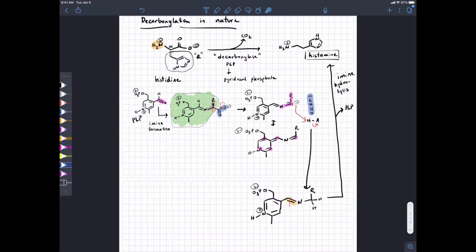Okay, so the idea of having a carbon that's alpha to a carboxylate group or carboxylic acid group, and that's adjacent to something that can stabilize a negative charge by resonance, sets you up nicely for a decarboxylation reaction. And this isn't the only amino acid this happens to. If this side chain group were a benzene ring with an OH, the decarboxylation would give us dopamine.